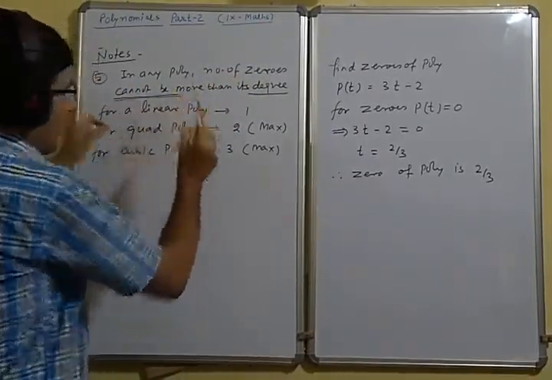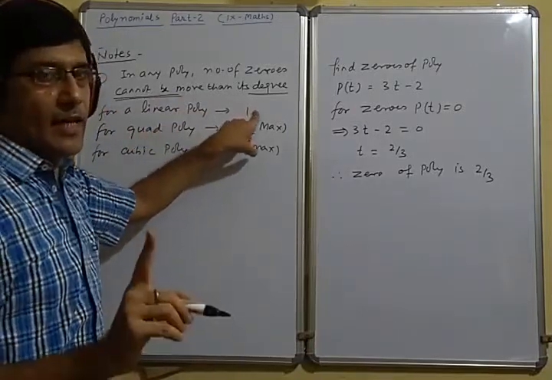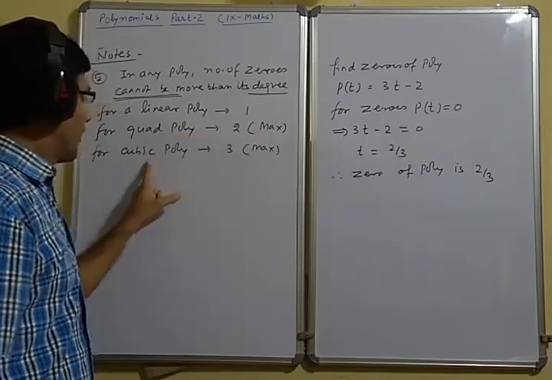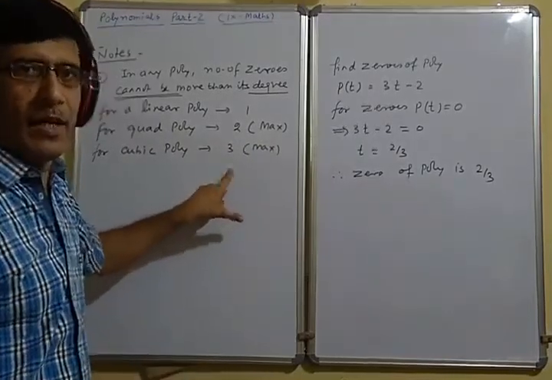If it is linear, we get exactly 1 zero; in quadratic, 2 maximum; in cubic, 3 maximum; similarly in biquadratic, 4 maximum, and so on.